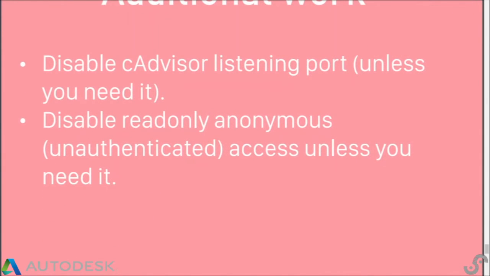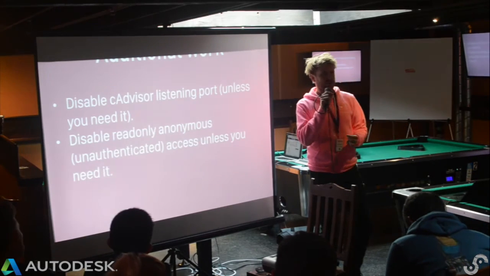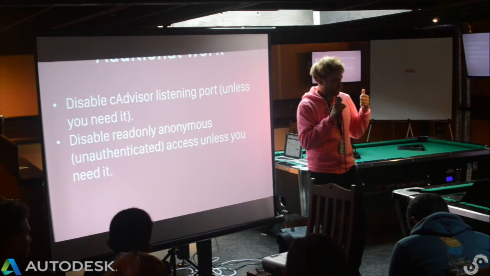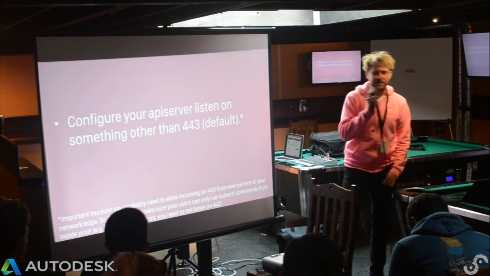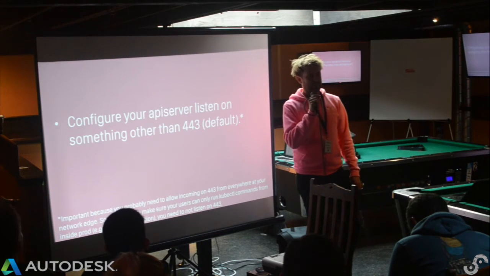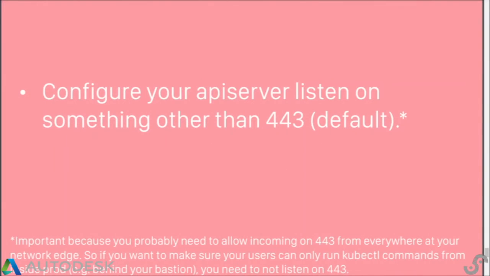Additional things you should probably do is disable that cAdvisor listening port unless you need it. I mentioned that earlier. Disable that read-only anonymous access if you don't need it. And yes, the reason you want to do this is if you are running Kubernetes in production, as we are, you probably don't want people to be able to run kube control commands from outside of your production environment.